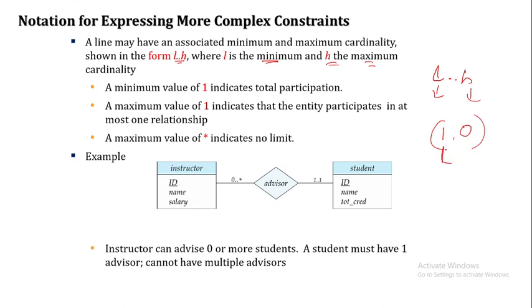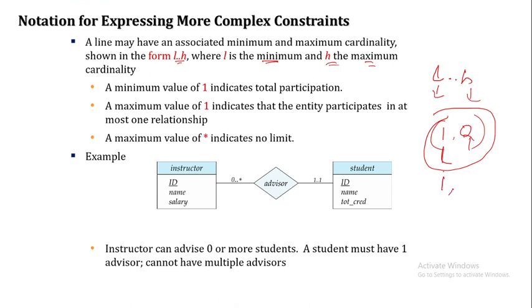L is 1, which means the minimum value is 1. The minimum value 1 indicates total participation, meaning the entity is completely participating in the relationship set. Okay, 0 means the minimum value is 0. It's not necessary that all the entities are going to participate in this relationship.